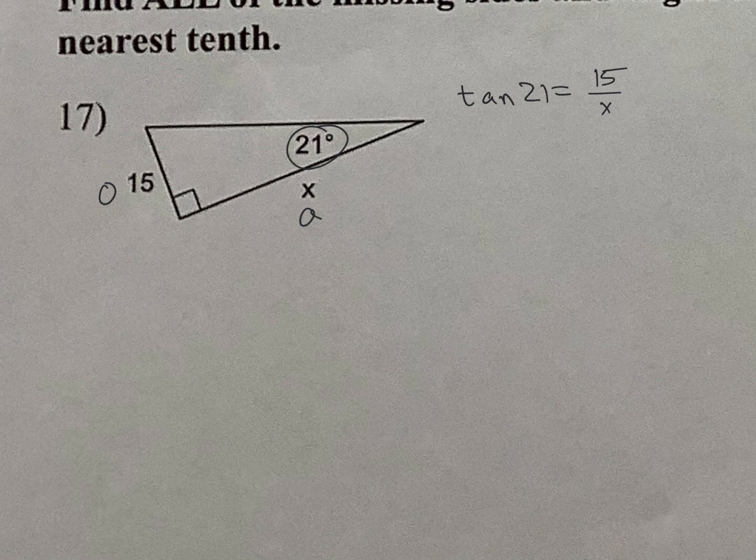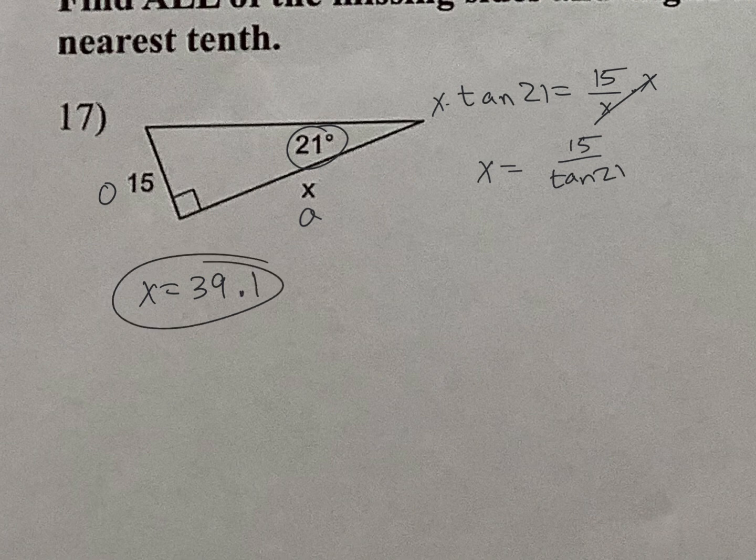The variable is in your denominator, so let's multiply to get it out. And then we'll divide by the tangent of 21 to get x by itself. So 15 divided by the tangent of 21 gives me 39.1 if you round to the tenths.